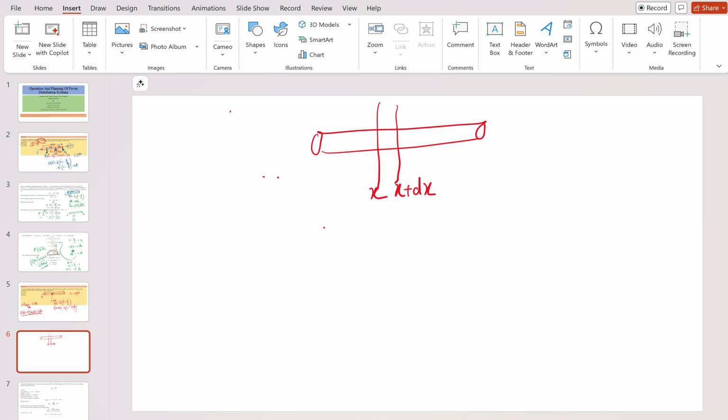The voltage at a distance x will be the current multiplied by the resistance. So when you see what the voltage drop in the line is, it will simply be delta V that we want to find.